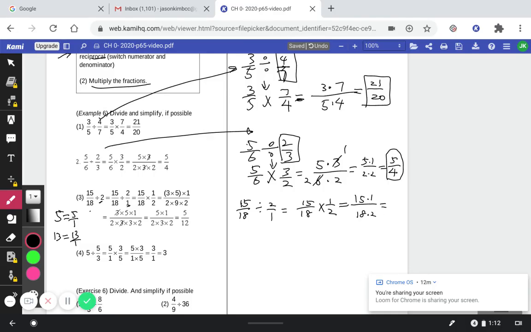15 times 1, but there are some common factors because 15 is 3 times 5, 18 is 3 times 6. So you can reduce 3 and 3 out. You end up with 5 and 1 on the top as a numerator, 6 and 2 in the denominator. So this ends up with 5 out of 12.